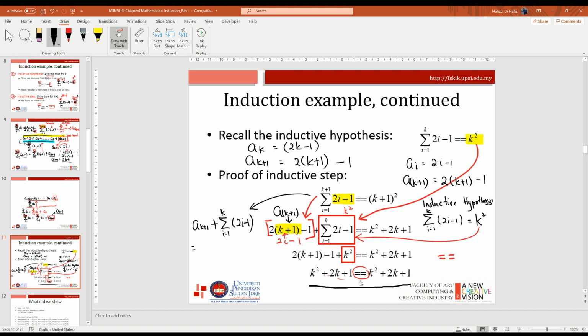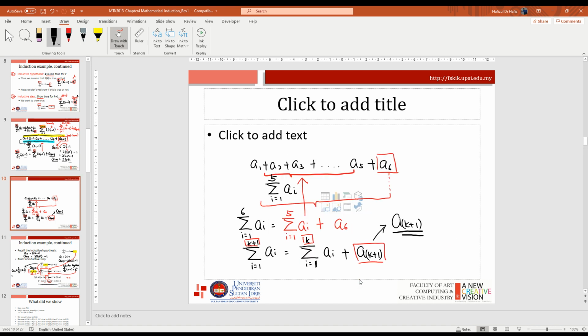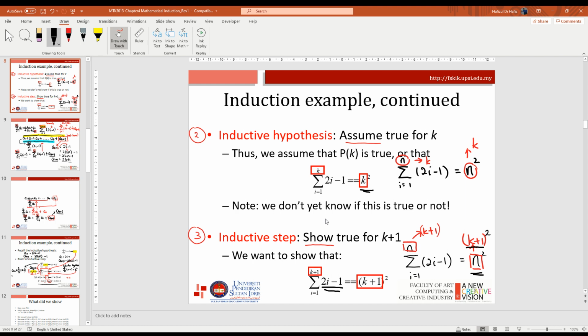Same as this one. We want to prove the inductive hypothesis is true for the value of k. It is not necessarily true, but we have to replace it, replace with 2i plus 1 minus 1.